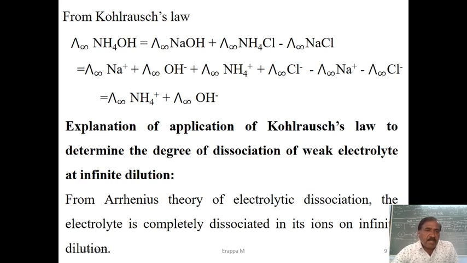In a similar manner, we find the equivalent conductivity at infinite dilution of a weak base like ammonium hydroxide. Here, we add the values of NaOH and NH4Cl and subtract the value of NaCl. We will get lambda infinity of NH4OH equal to lambda infinity of NH4 plus and lambda infinity of OH minus ion.